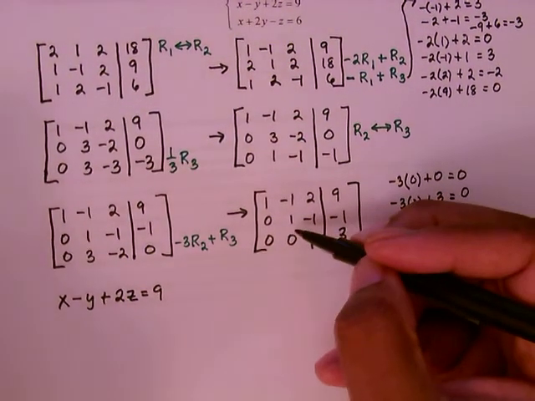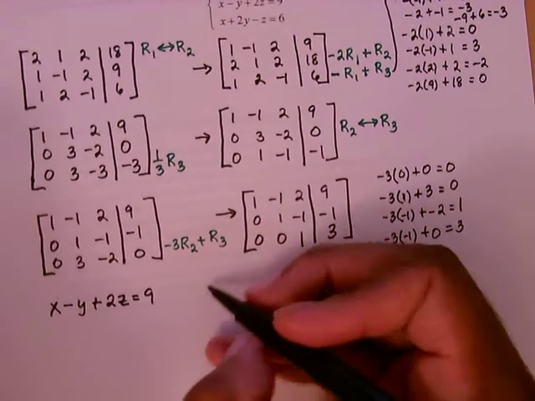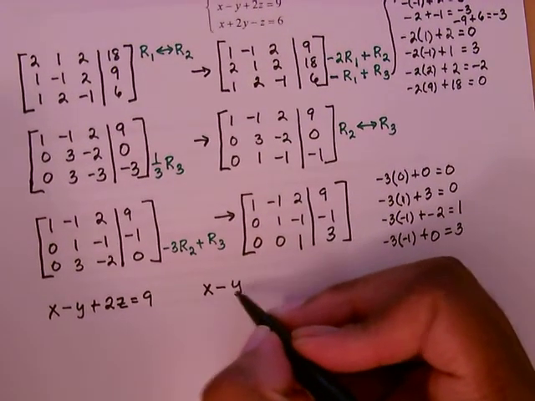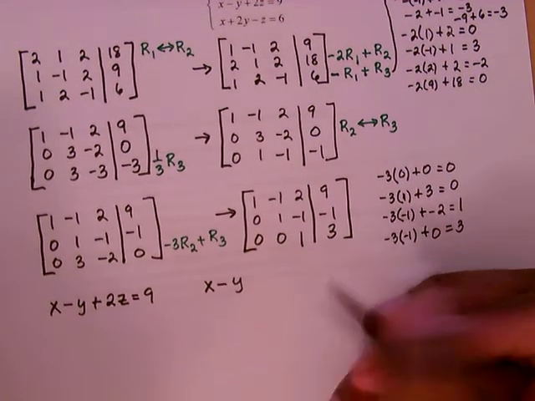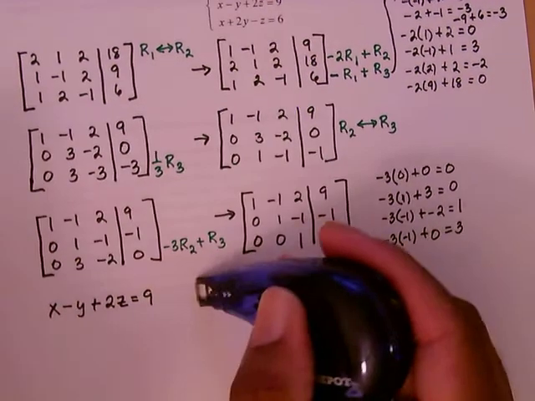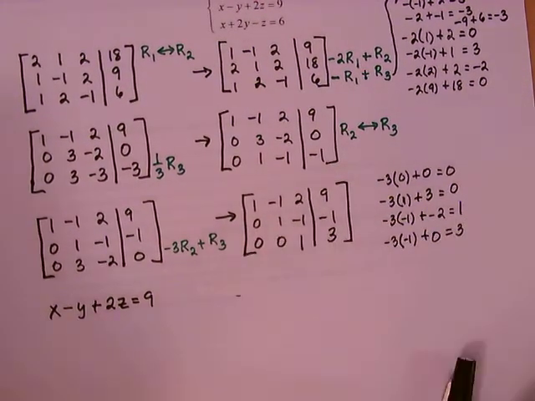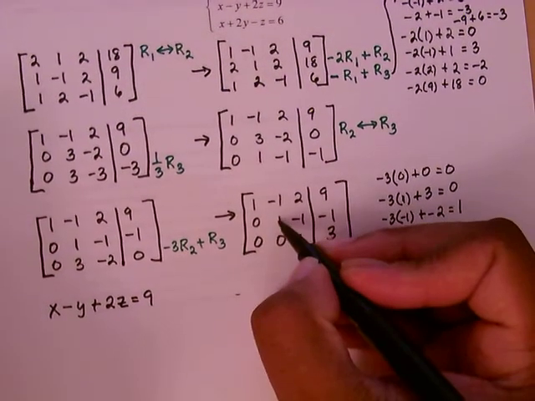Now the second row: this is 0x, so I don't need to write that.